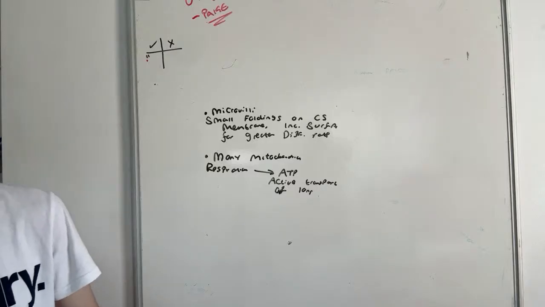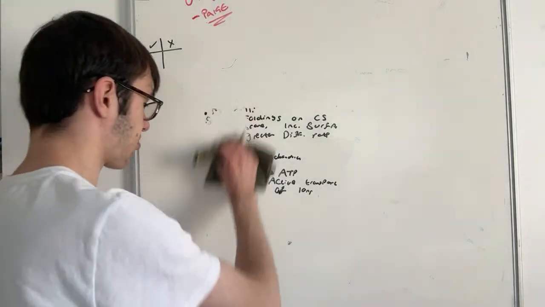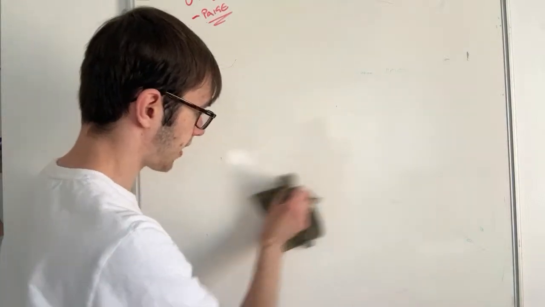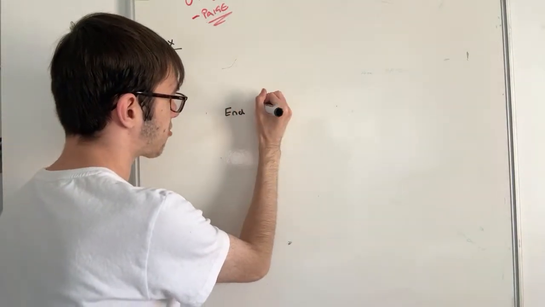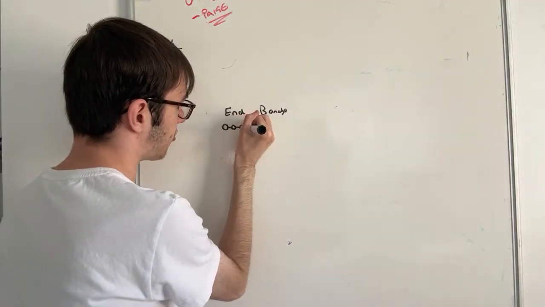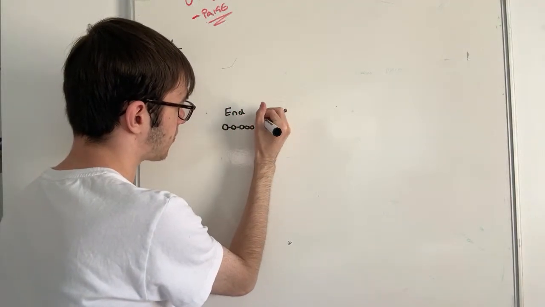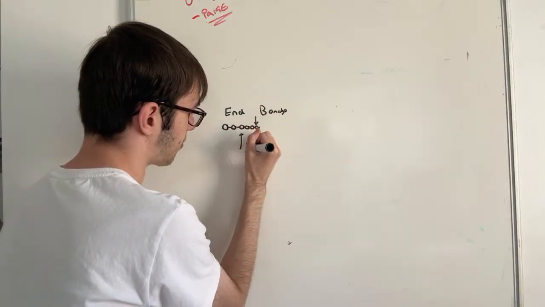Explain why the ileum contains endopeptidases and exopeptidases. Okay. Endo are going to break the end bonds in the polypeptide chain. Exo are going to break the inner bonds.